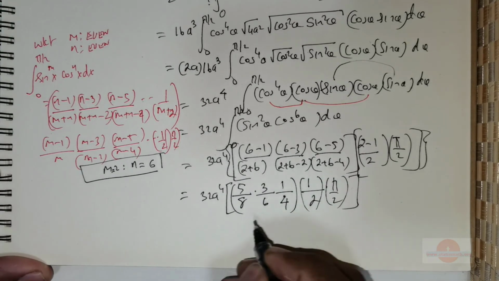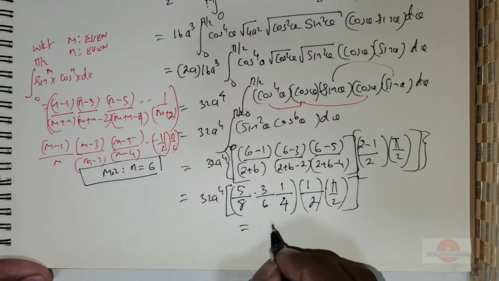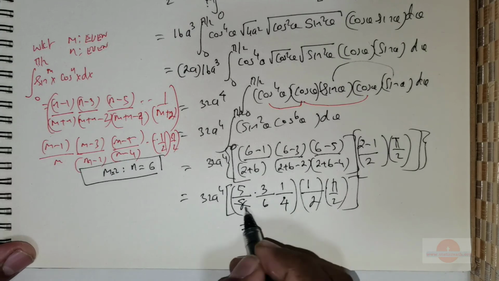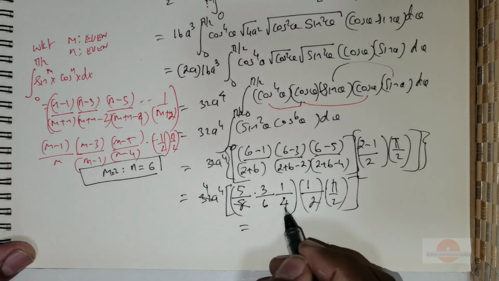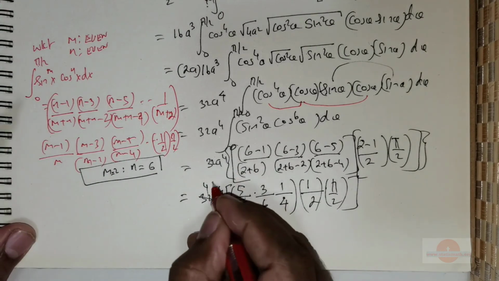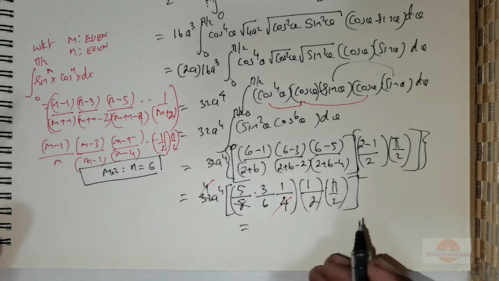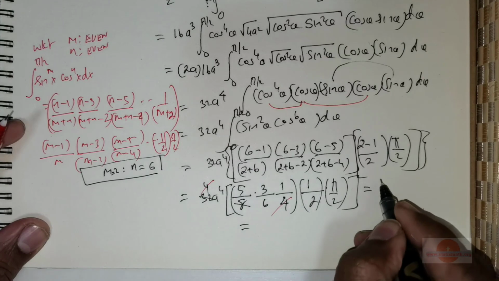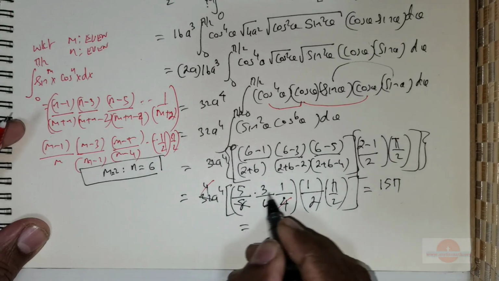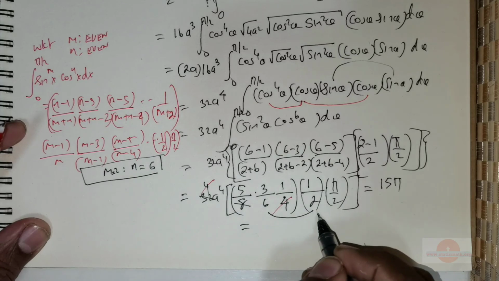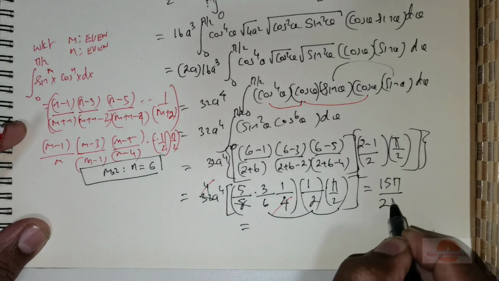So can we cancel anything? No. So this is going to be just cancelled against 32. Now 8 divides 32 4 times. Now the 4 and the 4 can be cancelled, giving me an answer 5 times 3, 15 pi divided by 6 times 2, 12. 12 times 2 is 24.